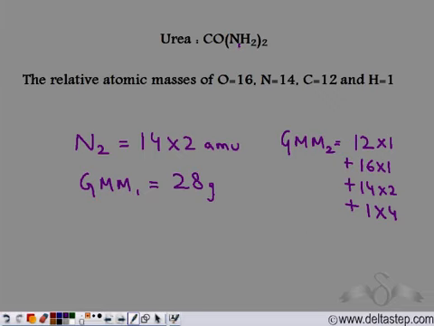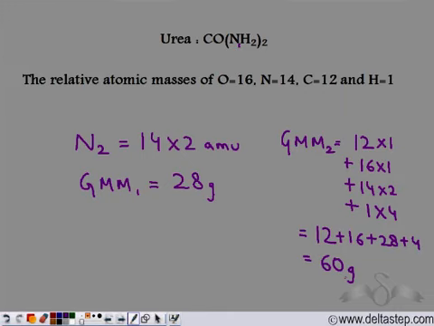So now let's calculate. We get 12 plus 16 plus 28 plus 4. So this is equal to 12 plus 16, we get 28, plus 28 we get 56, plus 4 we get 60. So the gram molecular mass of the entire content of nitrogen present in urea is 28 grams and the gram molecular mass of urea itself is 60 grams.